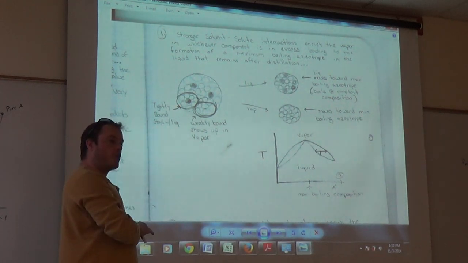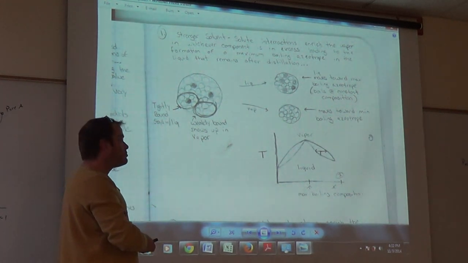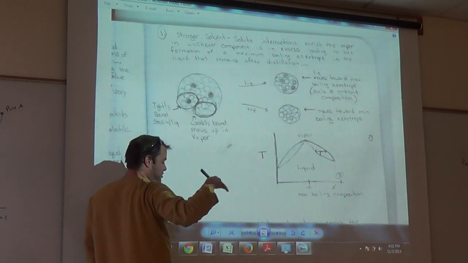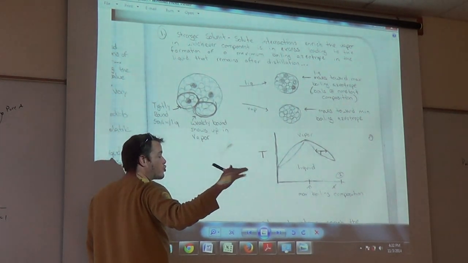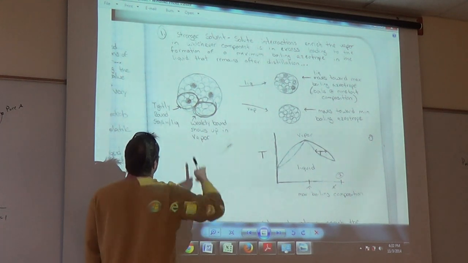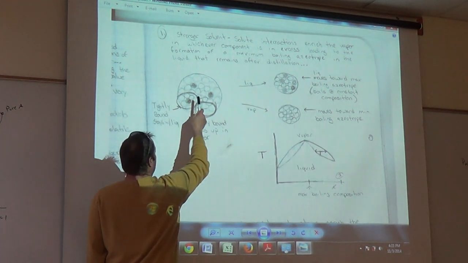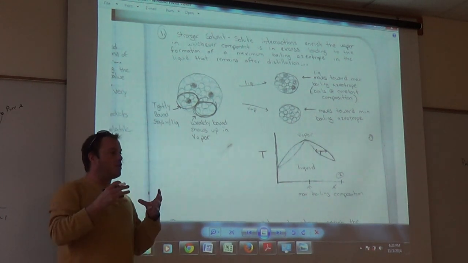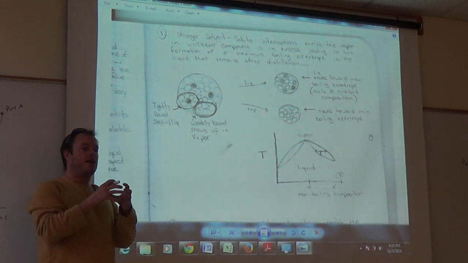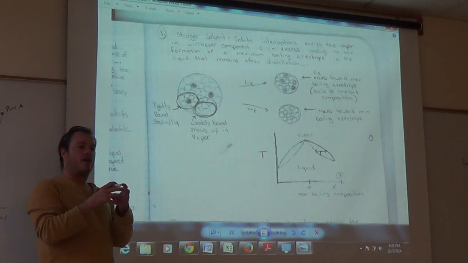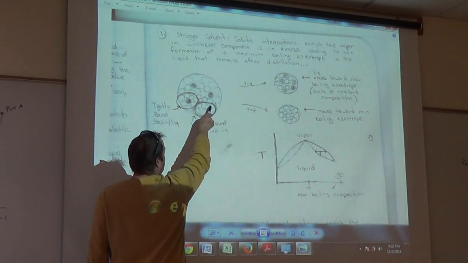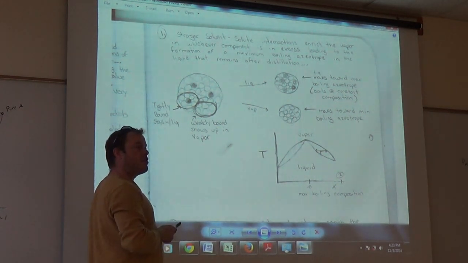In the case where we've broken the ideal relationship, broken it such that the A-B interactions are stronger than AA or BB interactions, this unit here, where you have a solute molecule surrounded by solvent molecules, will have tighter interactions than the other unit circled here, where you have only solvent molecules.